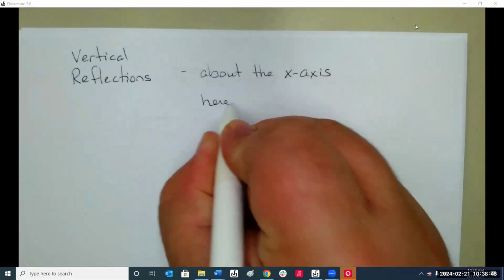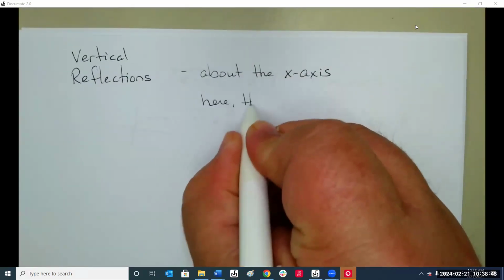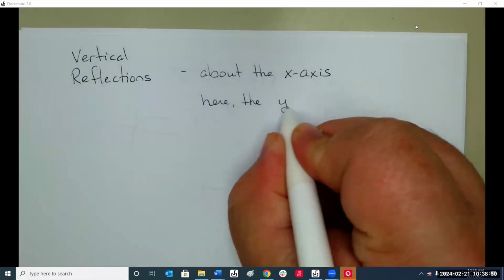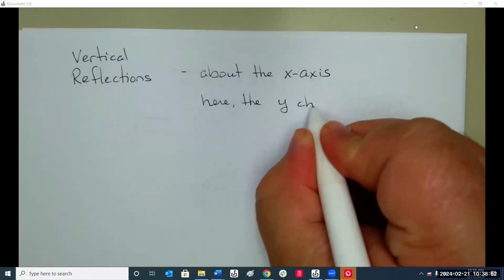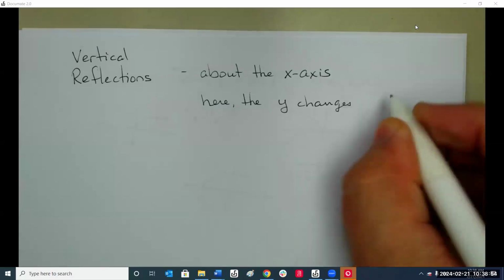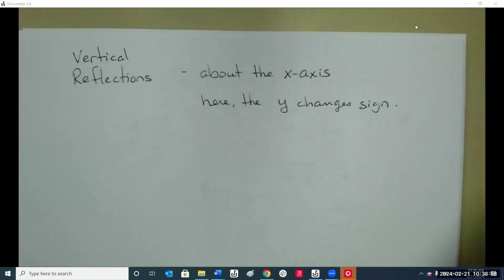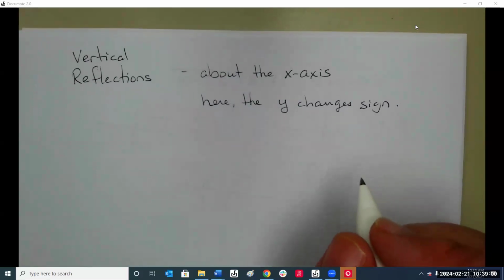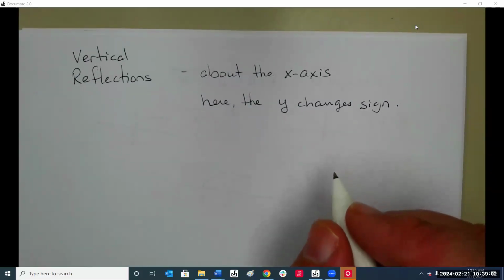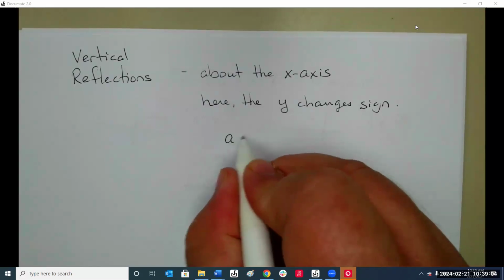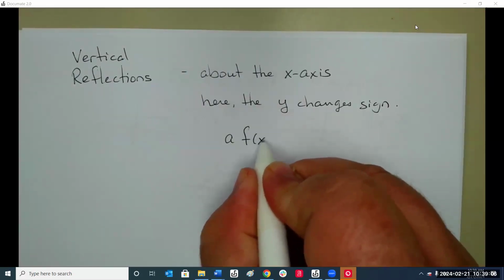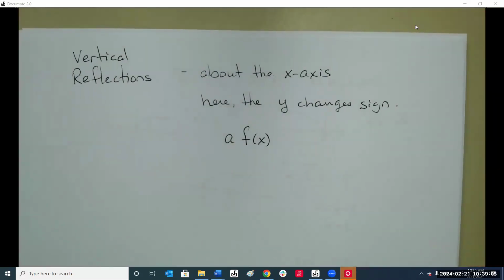Here, the y changes sign. So this one is the a function.